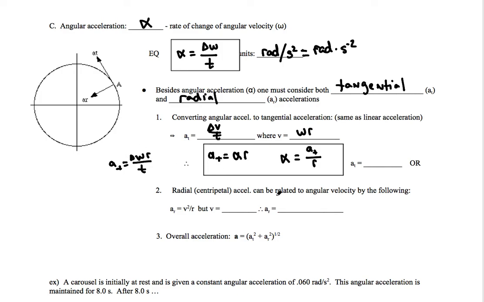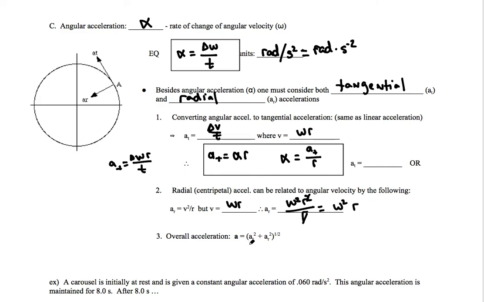But the radial acceleration can be related to angular velocity by v squared over r. But here v is omega times r, so v squared is omega squared times r squared over r, and then one r cancels out, and our radial acceleration is omega squared r.